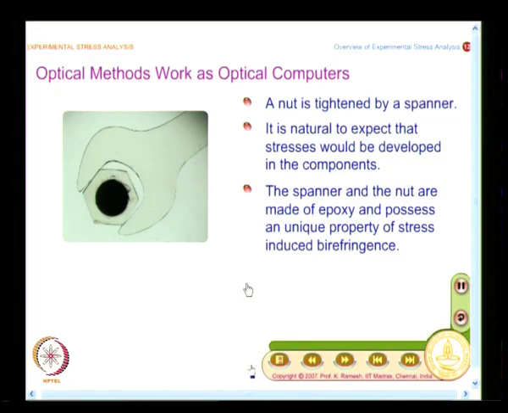And why I have taken epoxy is that the spanner and the nut are made of epoxy, and it possesses a unique property of stress induced birefringence. See, earlier I have told you that each experimental technique utilizes a particular physical principle which is exploited to reveal a particular kind of information.